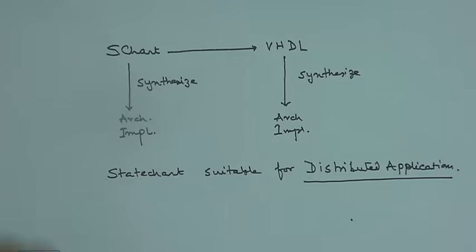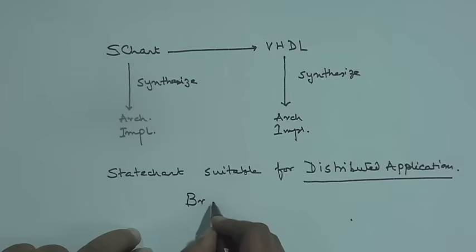For example, you are working in the automobile industry and you want to develop some embedded solution, and there might be distributed processors at different corners of your car which will be communicating, and some event occurring here should trigger some other event occurring somewhere else. That can be easily captured in statechart. Why? Because statechart uses the broadcast mode of communication.